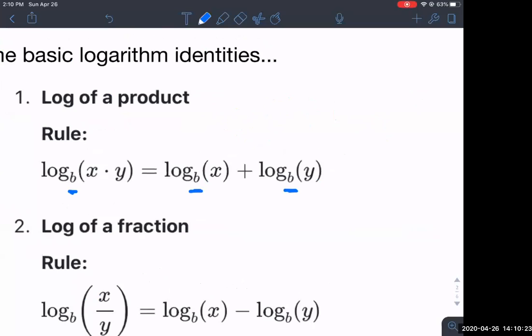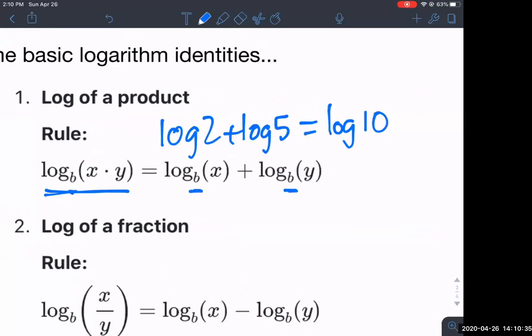But if they have the same base, then you can combine them into a product within the log. So if we have log 2 plus log 5, then our result is log 10 because that's 2 times 5. And because we're in base 10, that ends up getting you 1. So this is definitely very handy. Definitely don't mix it up with log x times log y, though. That one can't be evaluated.